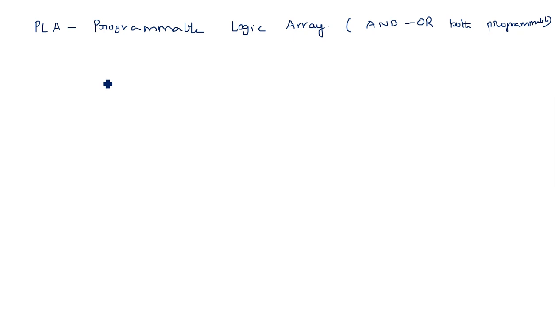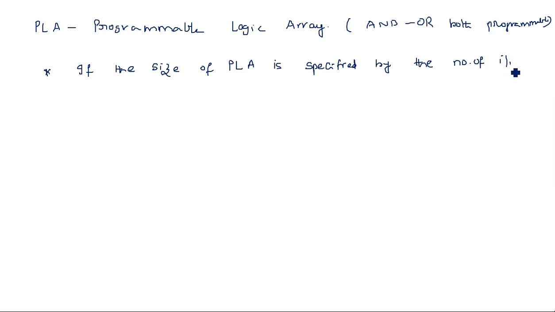Before going into that, if the size of the PLA is specified by the number of inputs, number of product terms and number of outputs, what does the PLA size specify?